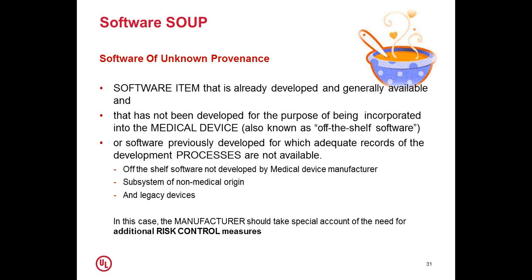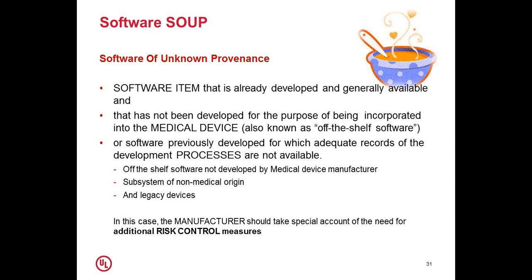For example, nowadays we see embedded computers which have Windows CE, Windows 7 or such, which is not intended for a medical device application. These are all known as off-the-shelf software, or software previously developed for which adequate records of the development process are not available. That is legacy products.